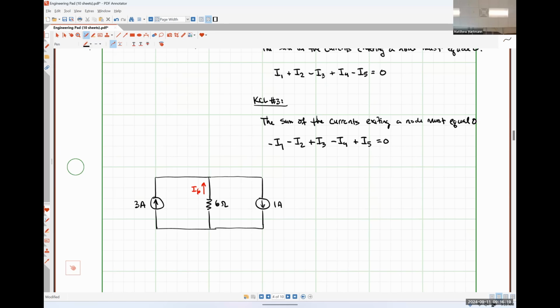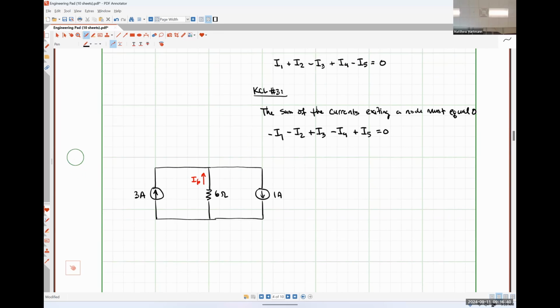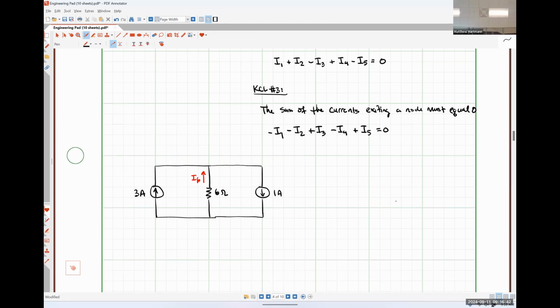So now somebody else tell me whether we want to apply KCL number 1, number 2, or number 3. Number 2. And do we want to apply it at the top node or the bottom node? Because we've got 2 different nodes, so we have 2 different options here. All right, so we're going to do KCL number 2 at the top node.